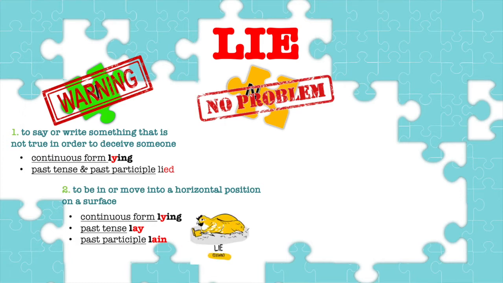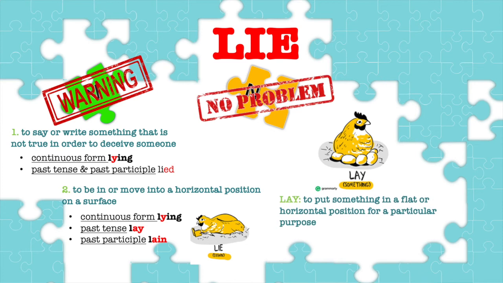And there we have a picture of a chicken lying down. And why is this picture relevant? Because the past tense of the verb lie, when it means to be in a horizontal position, that is the word lay, can also have another meaning. Lay something. To lay something is to put something in a flat or horizontal position for a particular purpose.